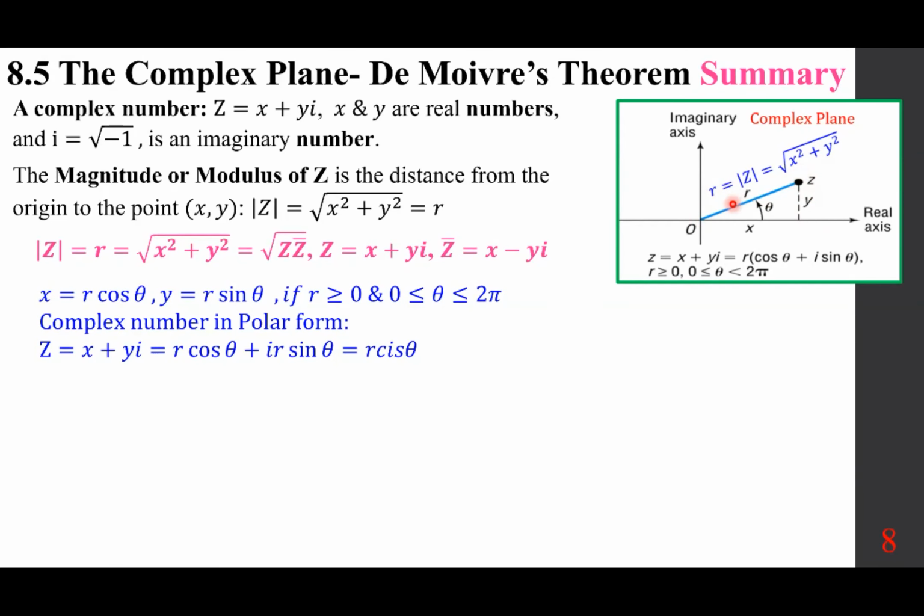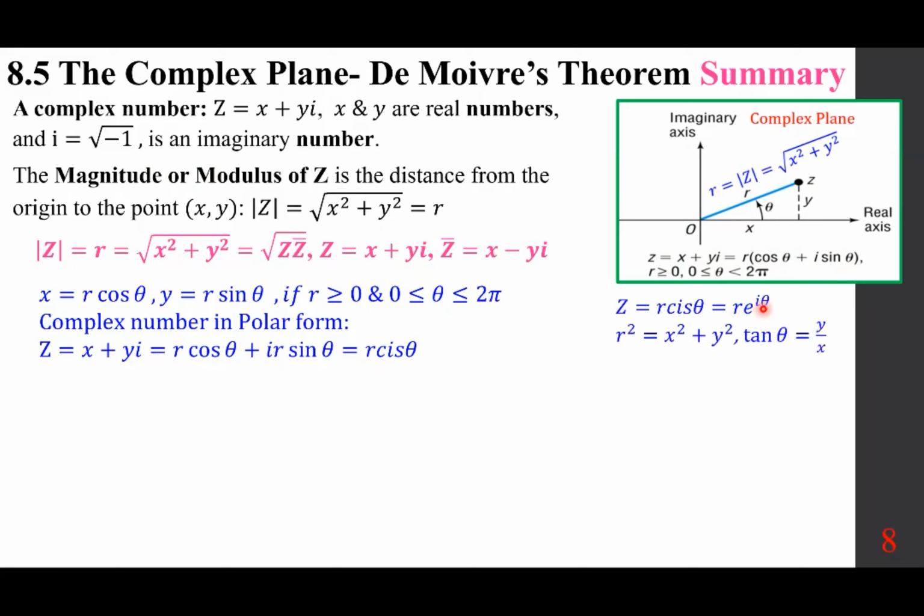And this distance r is called the modulus or magnitude, which is the good old r, or the square root of x squared plus y squared. z is x plus yi, which is r times cosine theta plus i sine theta. Another notation would be r cis theta. r is positive, theta is between 0 and 2 pi.